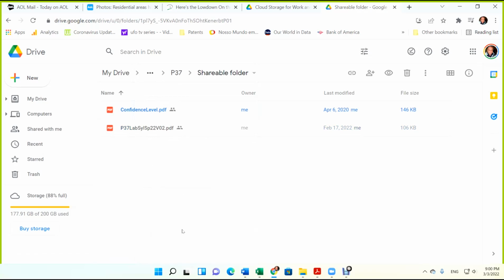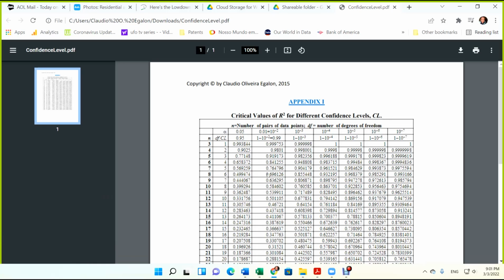Go ahead, download this file. I want you to learn how to use this table. Like I said, you're not going to find any table like that out there as detailed as mine. If you go on the internet, you're going to find tables that are far shorter than that. The first time I came up with this table was 2015.